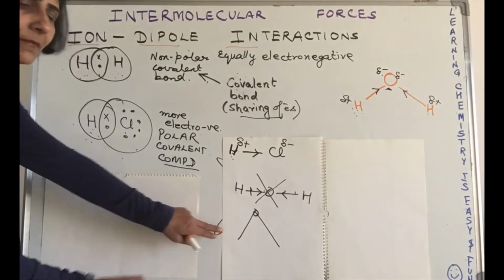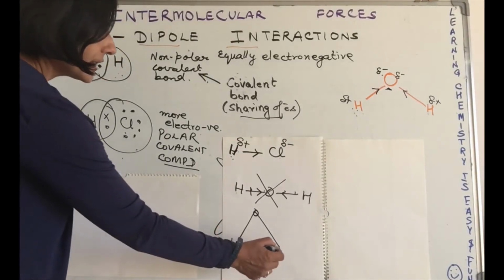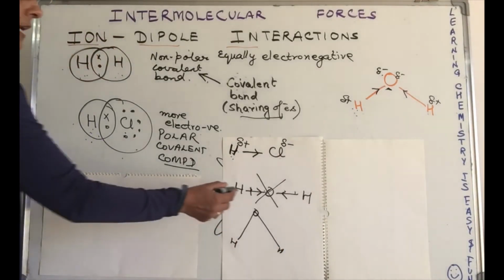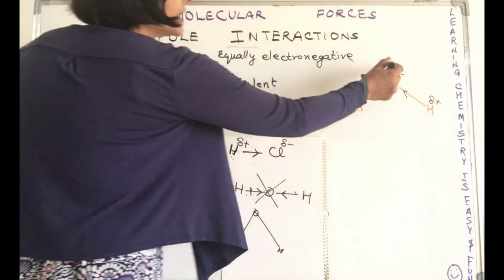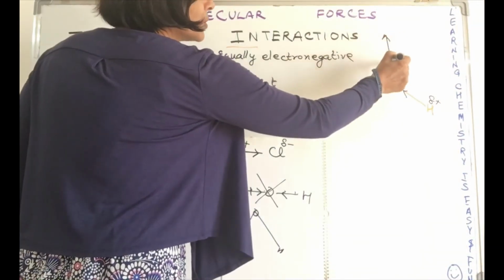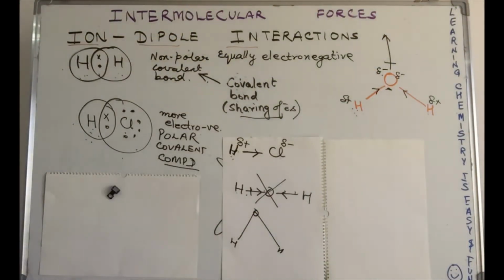Oxygen at the apex, and hydrogen and hydrogen. Dipole moments are directional. This is a directional character. With the result, there is a net dipole moment acting in the upward direction. In other words, water has a dipole moment. It behaves as a polar molecule.